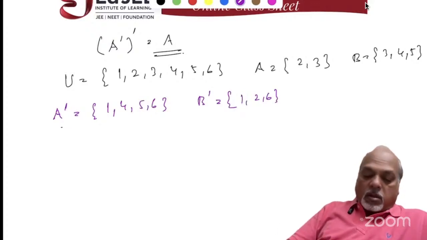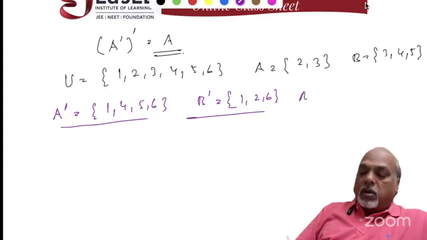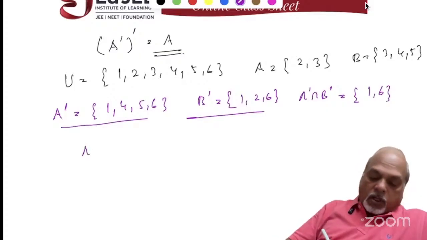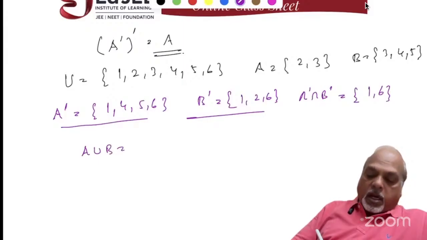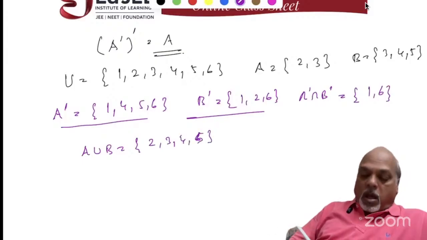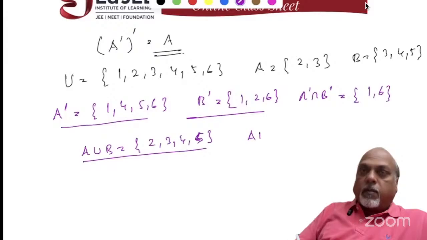Now, what about the intersection of this? That is nothing but 1 and 6. Correct? Let us find out what is A union B. A union B is nothing but 2, 3, 4, 5. Now, suppose you have this set, the complement of this, let us see. That will be 1 and 6.